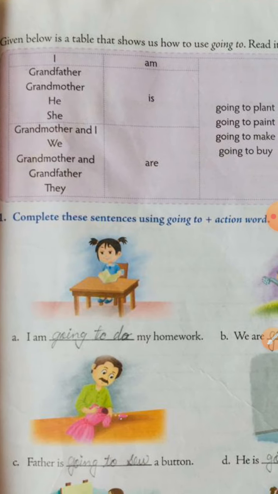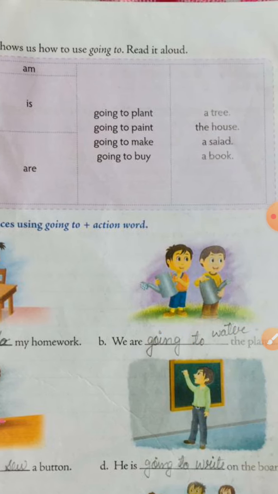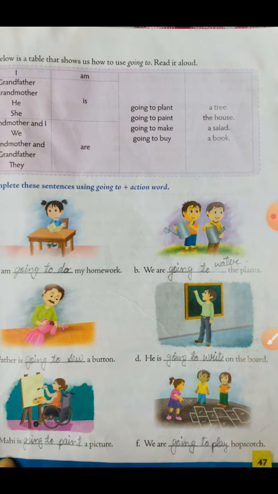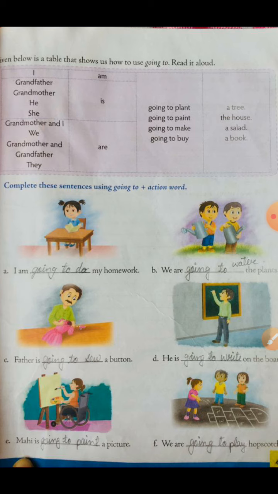Here you can see, students, grandfather, grandmother, he, she. Here you have to match with the is, then going to, then a verb, and then continue with the predicate, means the remaining part.